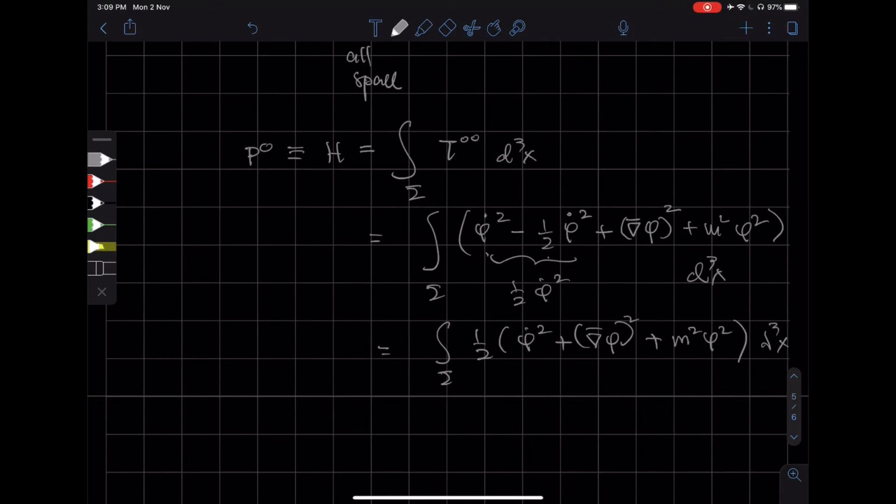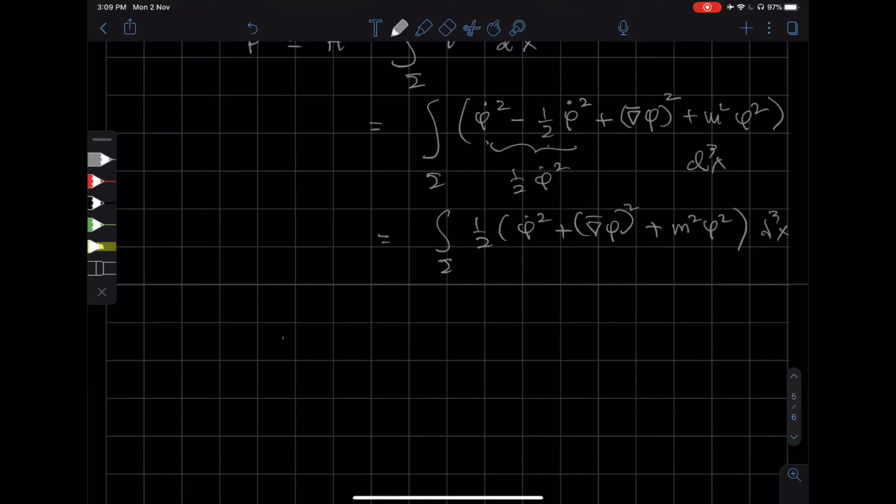We can also derive the 3 momentum. And if you look at the 3 momentum, it will be given by the integral over the T0I.